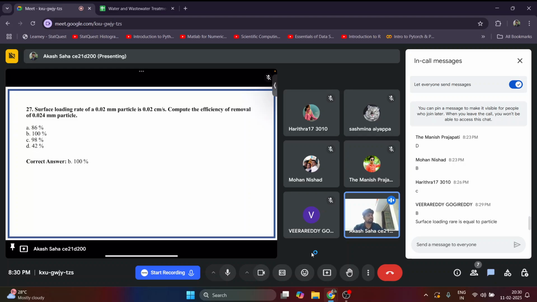So that's why the answer is 100%. All particles larger than the size for which the surface overflow rate is calculated are 100% removed. That is how you have to answer this.